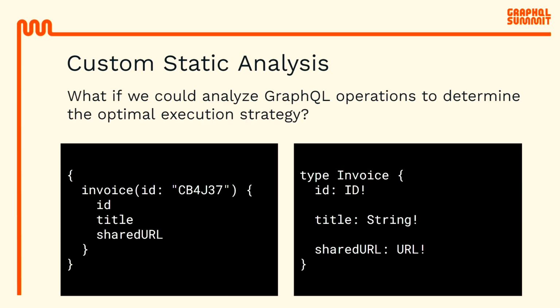All right, now that we've seen so many steps of execution, we don't have to limit ourselves to using static analysis to validate queries against a schema. You can use this step to optimize the execution to your app's needs. By analyzing operations, it's possible to choose the best execution strategy.